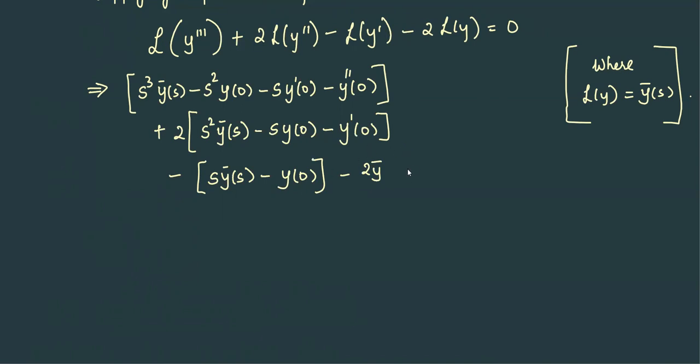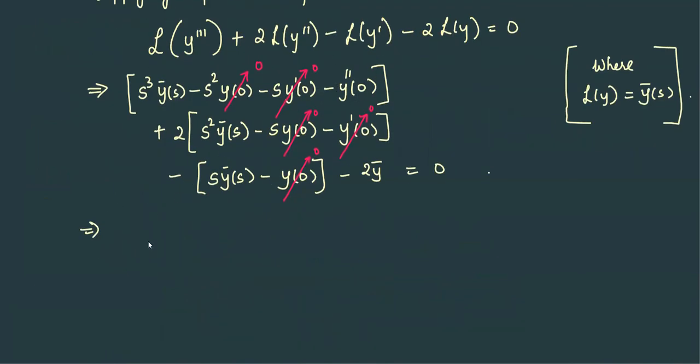All right, so now this is equal to 0. Applying all terms, we know that y of 0 and y dash 0 are zeros. So this is given to be zeros, this one, this one, this one, this one. They're all zeros. Y double dash 0 is 6.